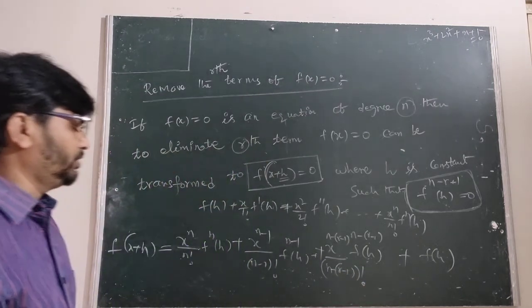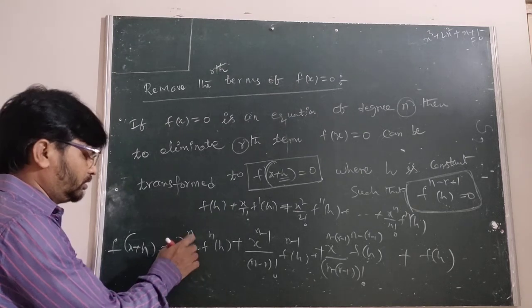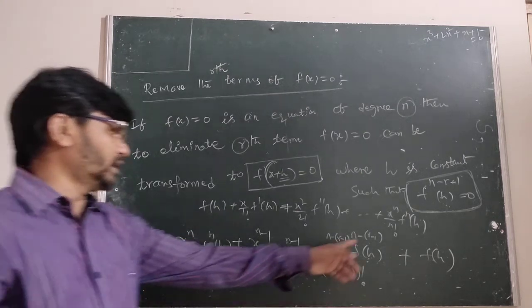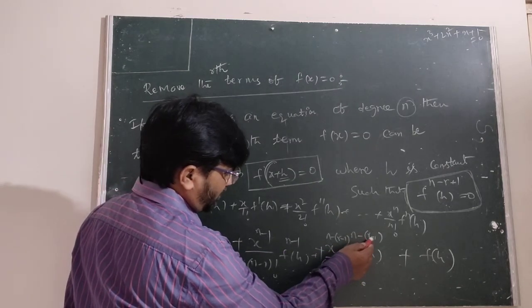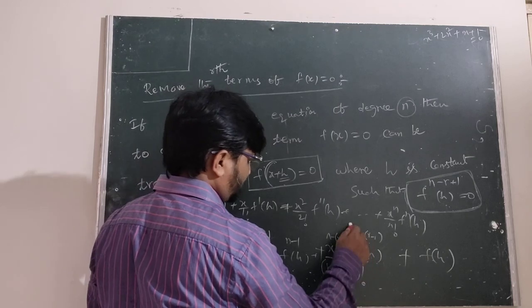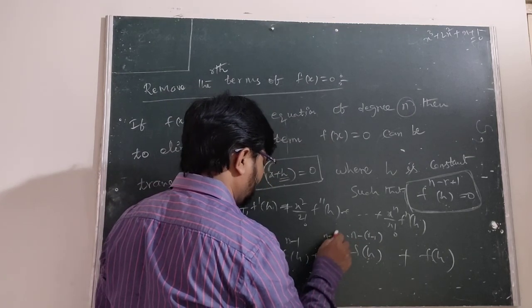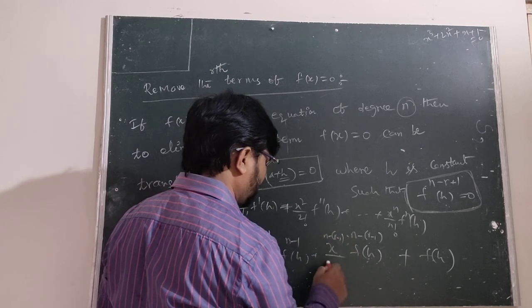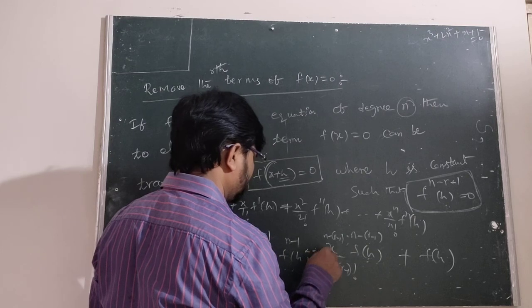Because we observe here, if you are taking r equal to 1, this is the first term. If you take r equal to 1, 1 minus 1 is 0.